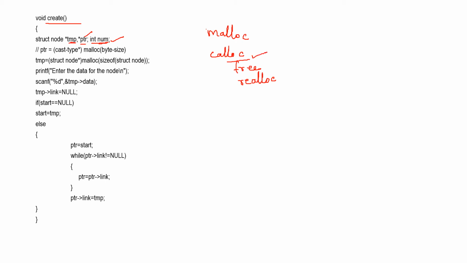For example, if I wish to allocate 5 bytes of memory, those 5 bytes will be allocated in a consecutive manner, that is called calloc. And free is a function which is used to deallocate the memory spaces, and realloc is just used to change the memory locations of the previously allocated one.